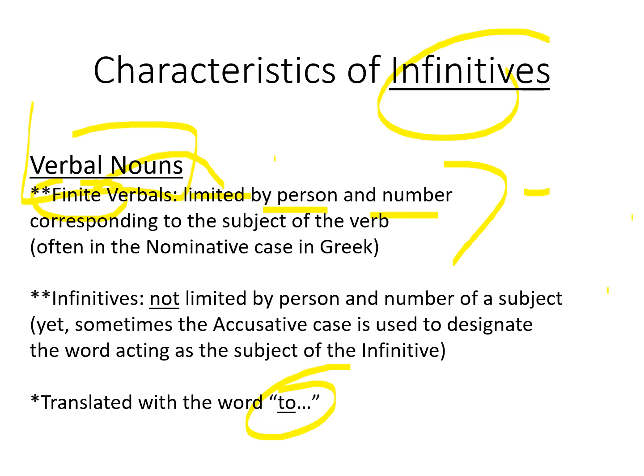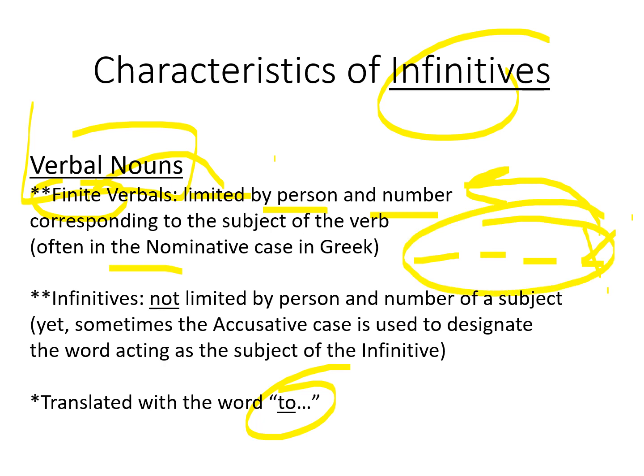Do you remember our endings way back in verbs? That's right, it's the ending of a word. So if we have a word here with several letters, it's the ending that gives us the person and number of that particular verb.